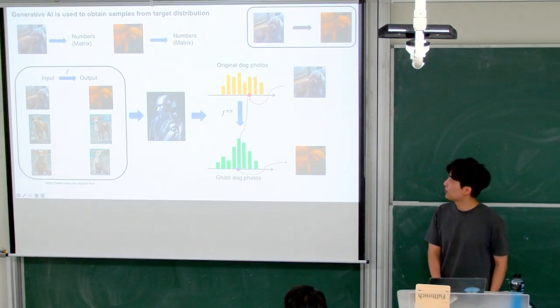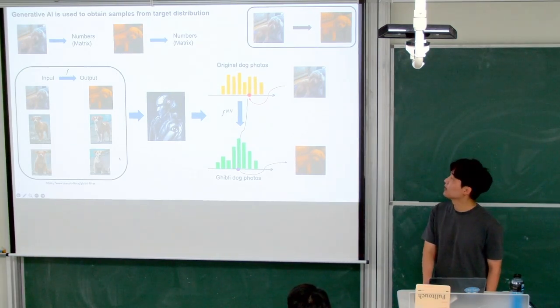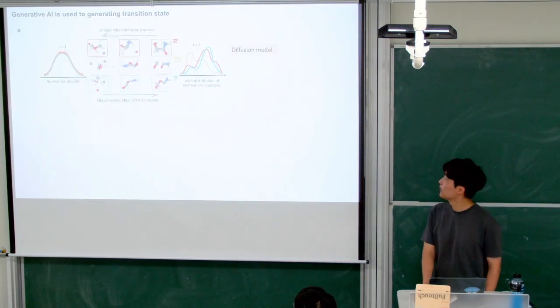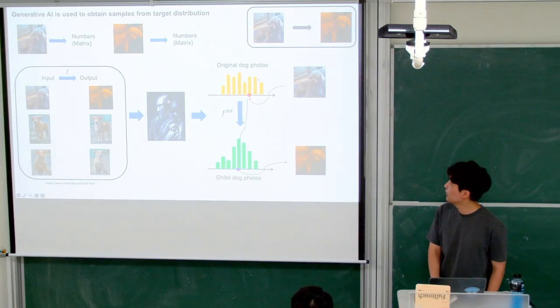This is the basic fundamentals of generative AI. So we will use this to generate a transition state. This is a bit complicated photo. In the previous slide, I learned the map from one distribution to another.